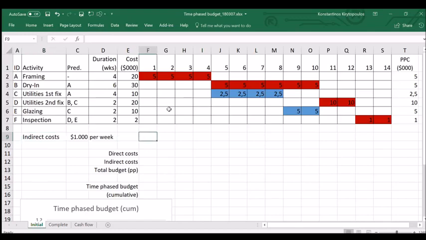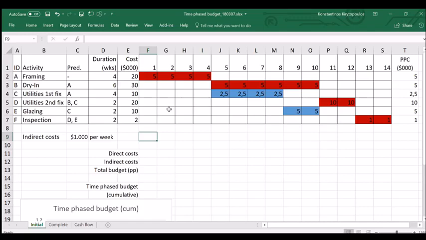There are some costs in the projects that are direct, and this means that we can directly understand and assign them to specific activities. And there are some costs which are indirect. So indirect costs might be, for instance, the portion of the salary of a secretary who supports the project, answering calls for the project, or it might be the cost of the consumption of power and water for the work site.